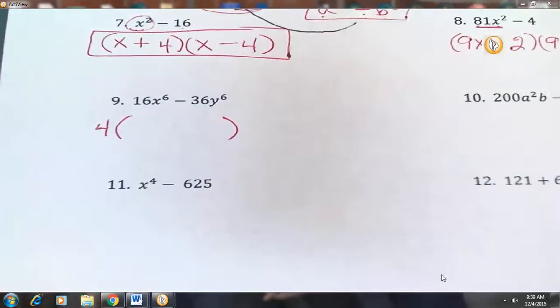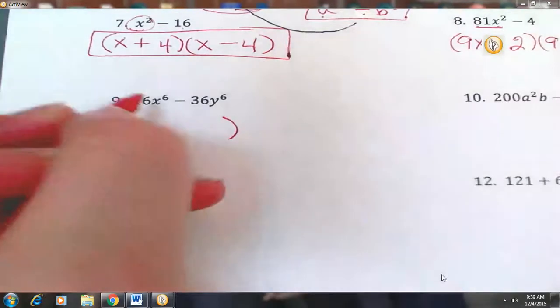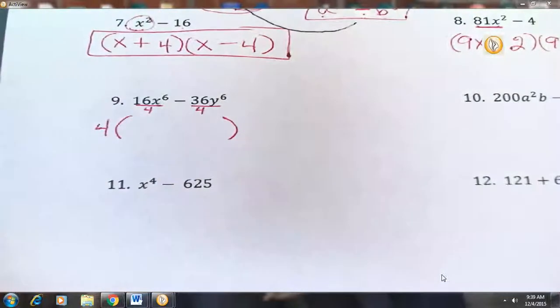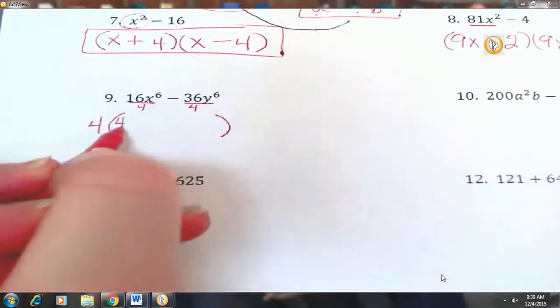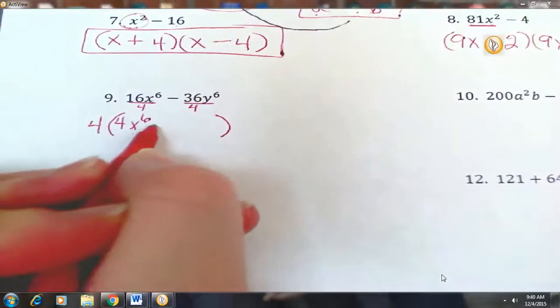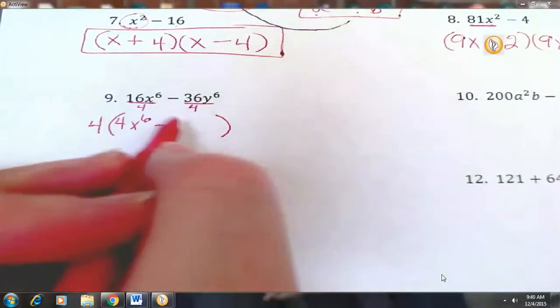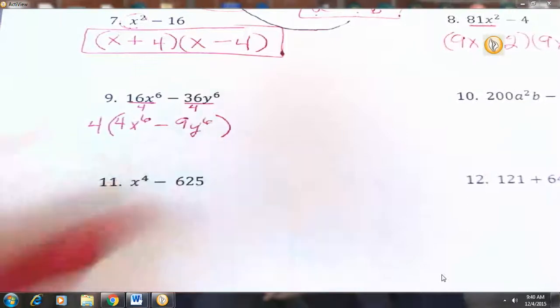We said we had to do a greatest common factor first. Remember, when we factor something out, that's like dividing by 4. So I want to divide both terms by 4. 16x to the 6th divided by 4 is 4x to the 6th. 36y to the 6th divided by 4 is 9y to the 6th.